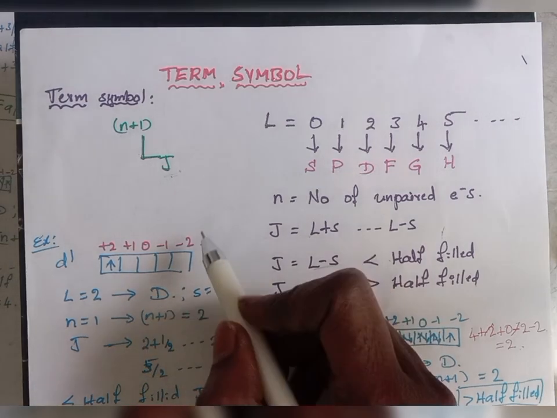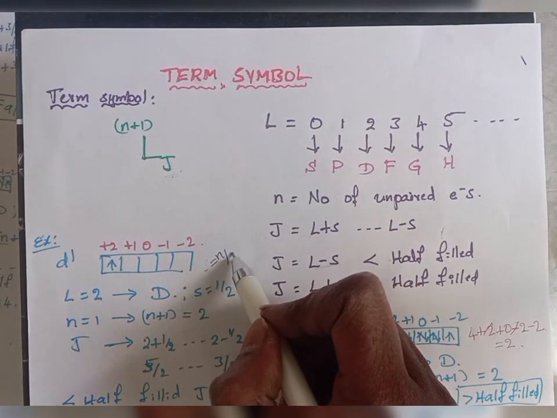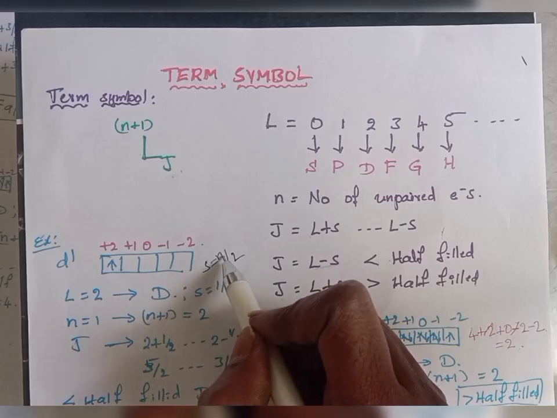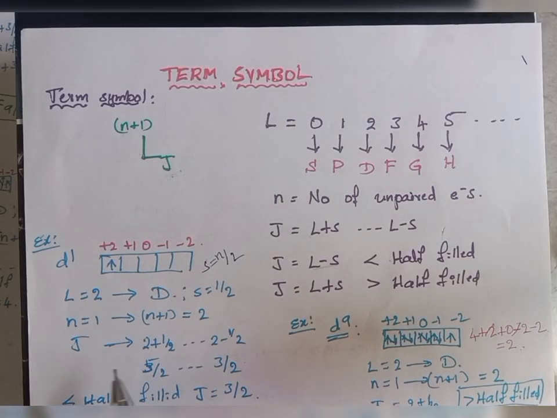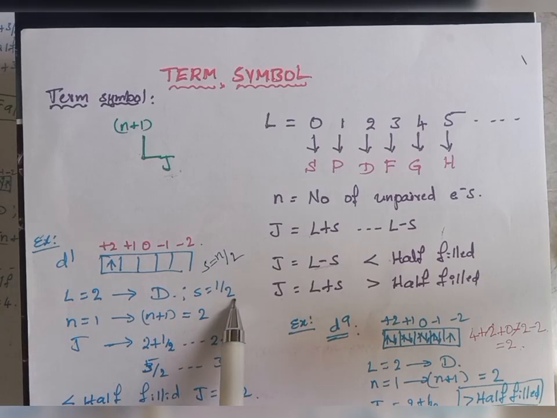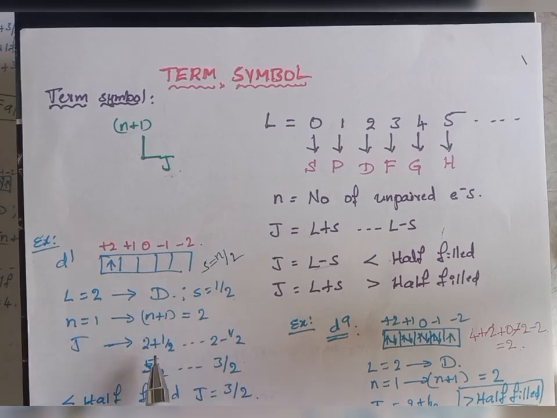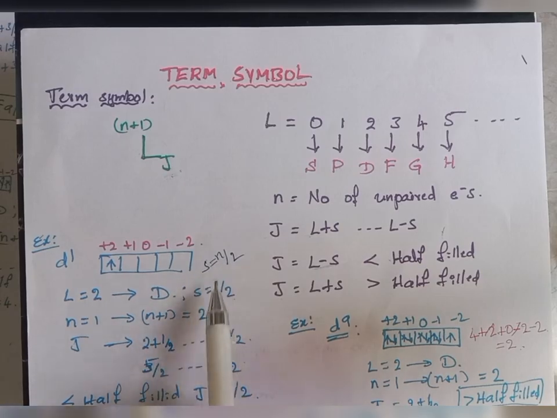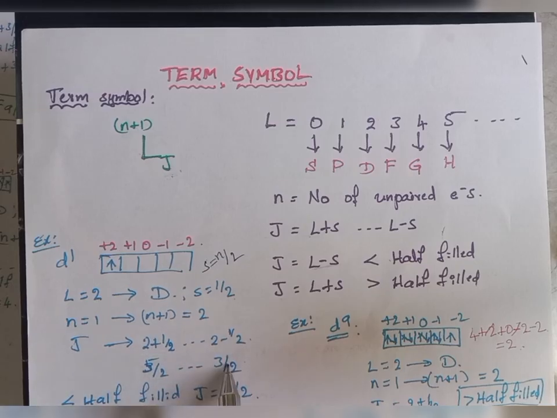S is generally n by 2, where n is the number of unpaired electrons. So here S is 1 by 2. So the possible J values are 2 plus half to 2 minus half, so the values will be 5 by 2 and 3 by 2.